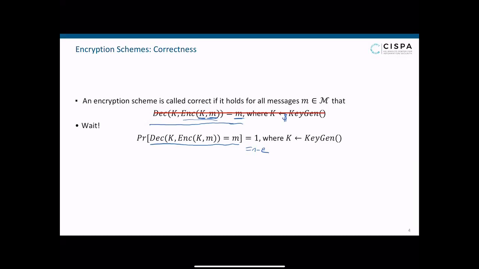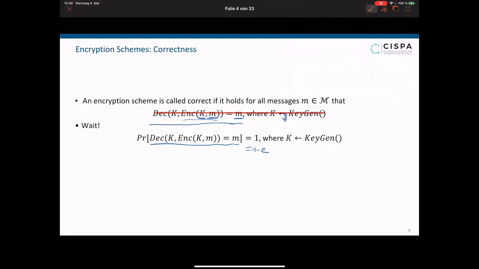Okay, there's another question. Could you explain again why the Dec(K, C) equals M notation is wrong? The reason why this is formally not correct, I wouldn't say really wrong, is that K is a random variable, right? And then you cannot make a statement that says this statement is true for all M when you still have a random variable popping up in the statement.